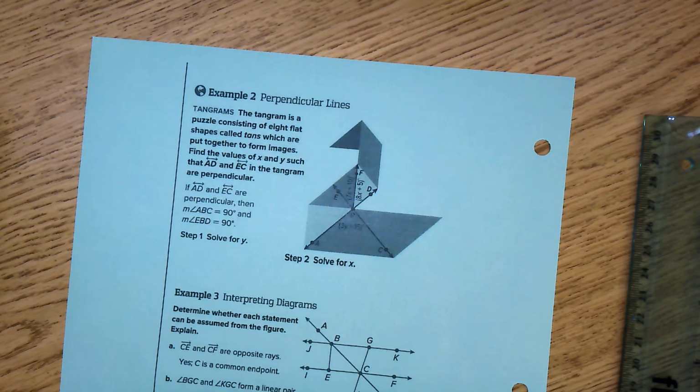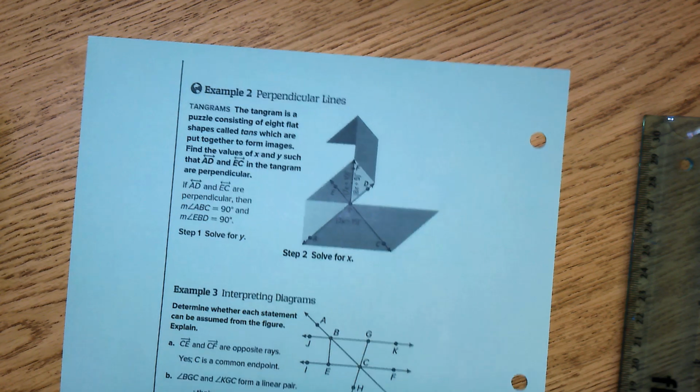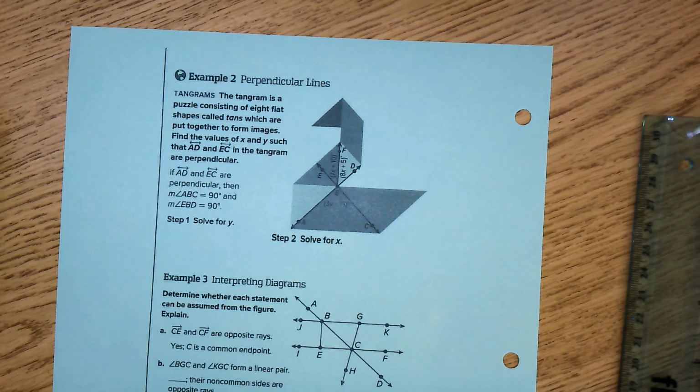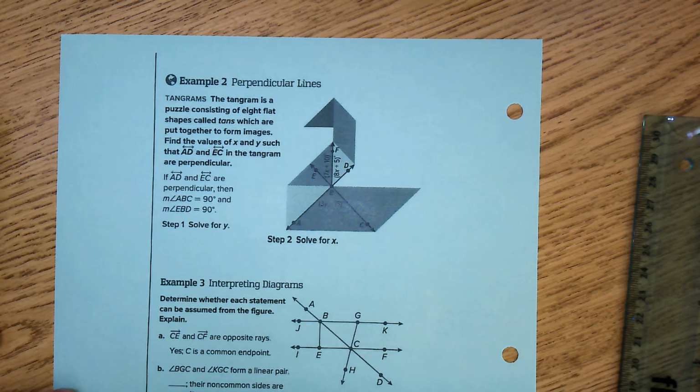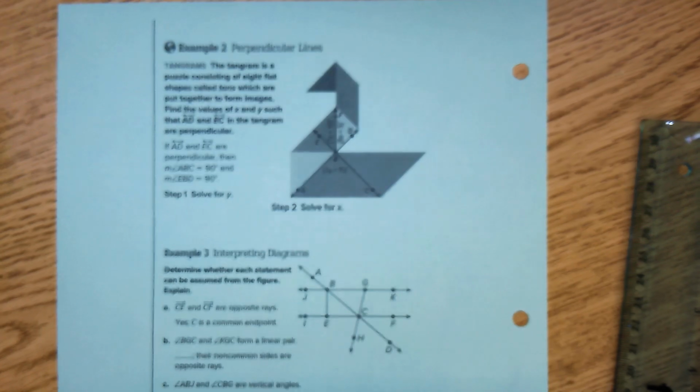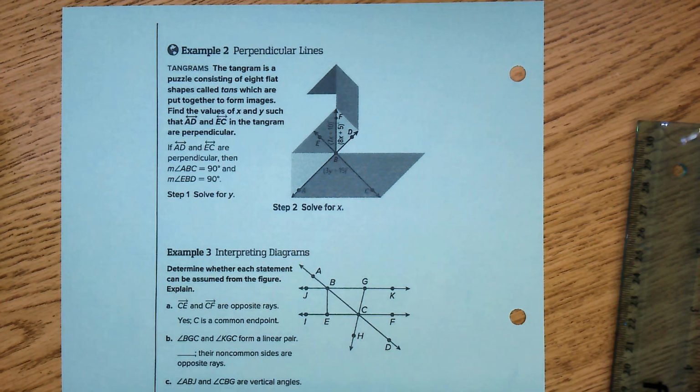Now I'm going to tell you, we learn a bunch of different pieces in Unit 2, and we're going to cover a lot of material, and we are going to use the individual pieces in future chapters. So chapters 3, 4, and 11, we're going to circle back to some of these concepts. We're just laying the groundwork, and we'll expand on them later. So example 2, real example, tangrams.